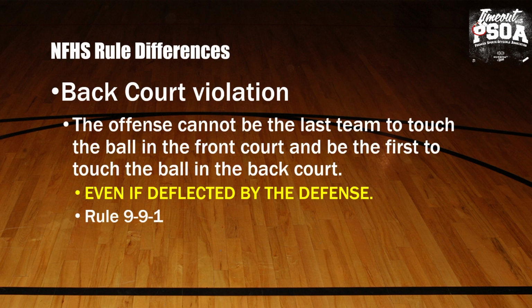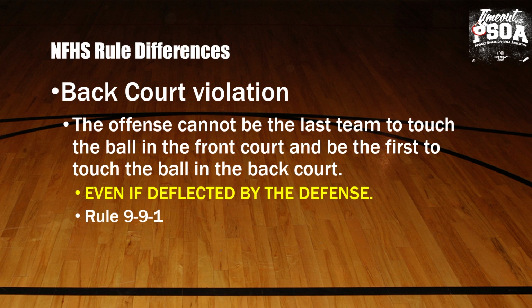Backcourt violation. This is one that officials will be scrutinized quite a bit on, because on TV we see the defense deflect it, and once that defense deflects it, anybody can be the first one to touch it in the backcourt. Not in high school.